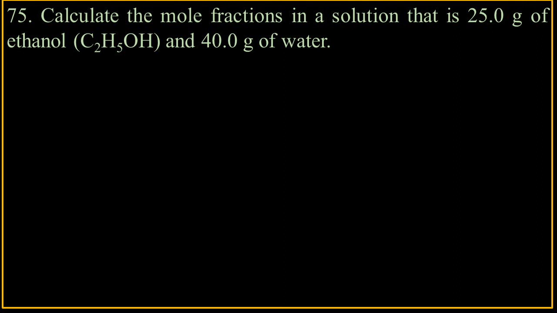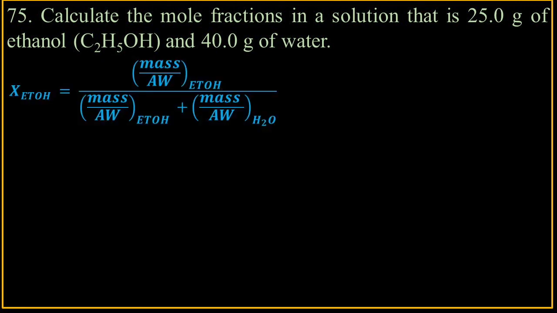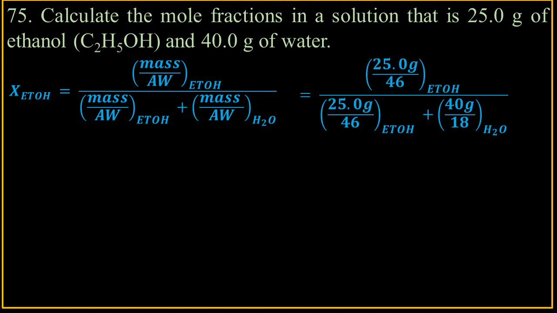Calculate the mole fractions in a solution that is 25 grams of ethanol and 40 grams of water. Well, remember that the mole fraction of one substance is going to be the complement to the other. In other words, 1 minus the mole fraction of ethanol will be the mole fraction of water, and vice versa. There's the equation for the mole fraction expanded for mass over atomic weight for moles, plugged in to the equation.